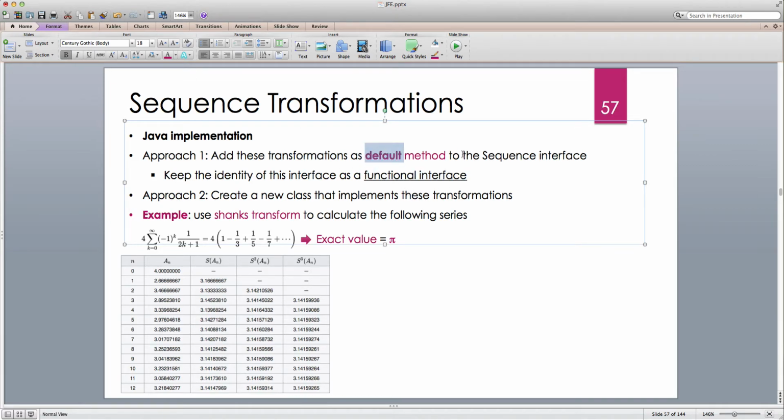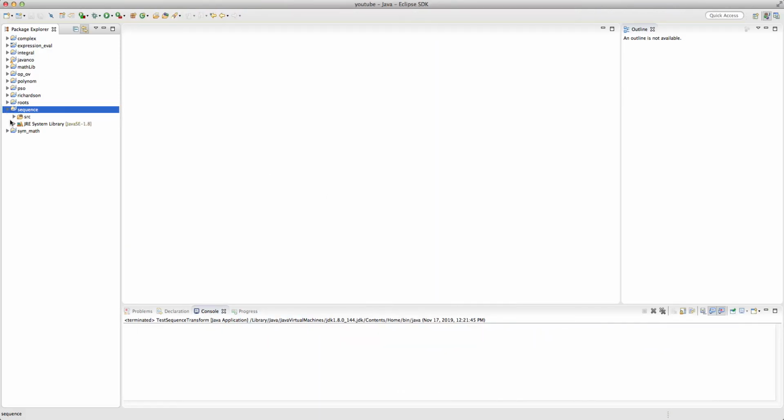All right. Default methods allow us to add more methods, more capability to a sequence, basically evolving that interface without breaking the contract of the sequence being a functional interface. All right. So let's head to Eclipse, and I'll show you how I've implemented this.